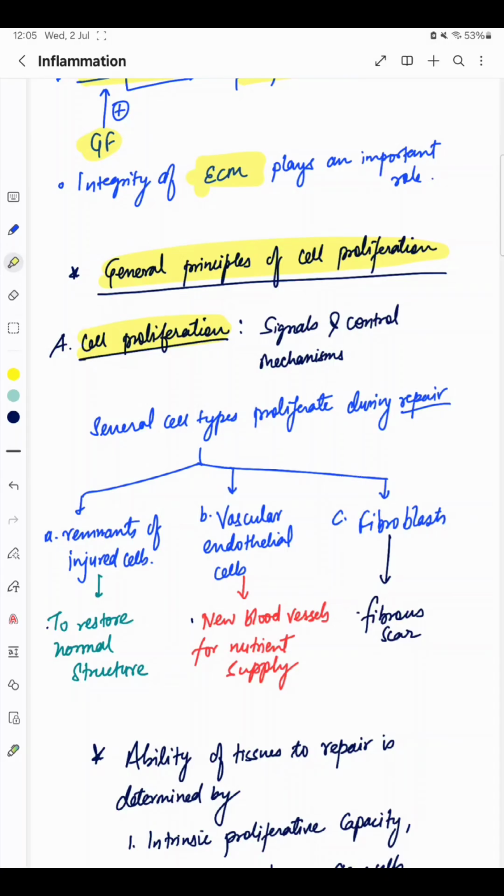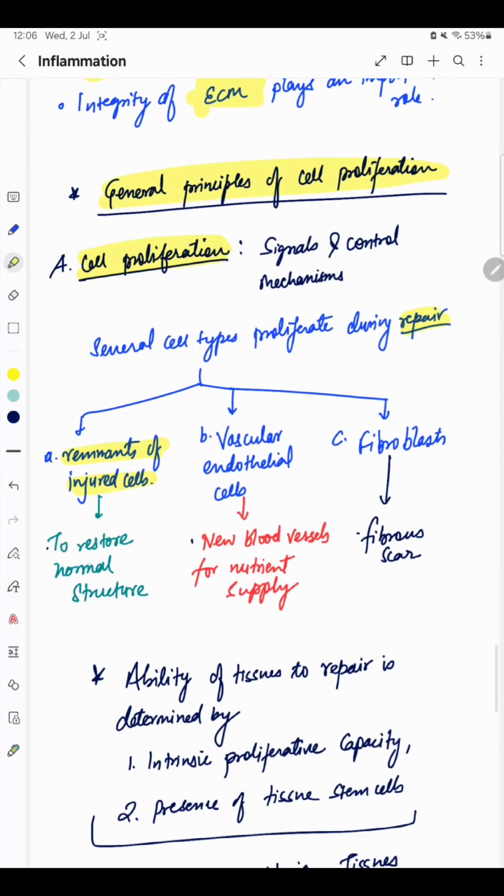Several cell types proliferate during repair, like remnants of the injured cells to restore the normal structure, vascular endothelial cells, they form new blood vessels for the nutrient supply, and the fibroblasts to lay down the collagen for scar formation. So these three types of cells proliferate during the repair process.